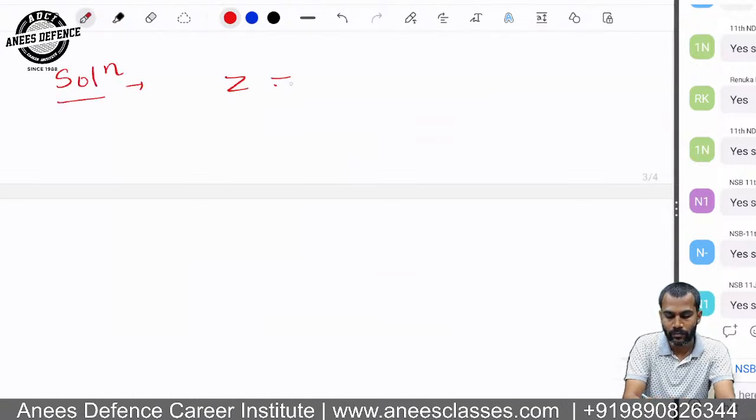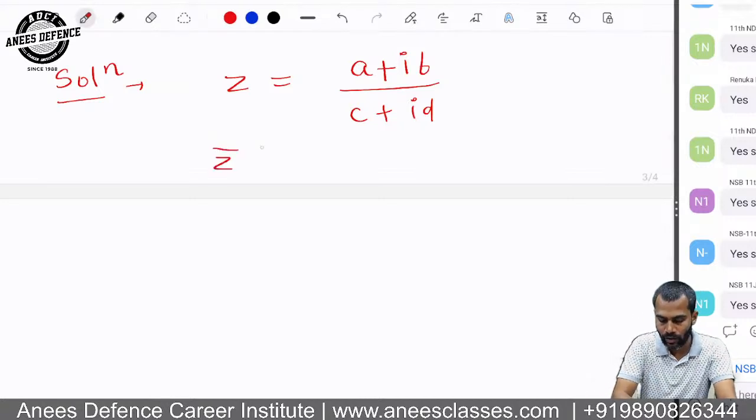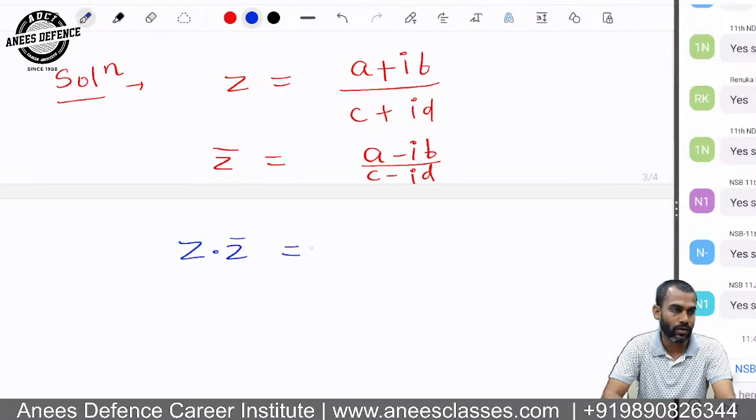Z is (a plus ib) upon (c plus id). Now, what is Z conjugate? You'll get (a minus ib) over (c minus id). Now, what are we supposed to find out? Z into Z bar, or Z conjugate.